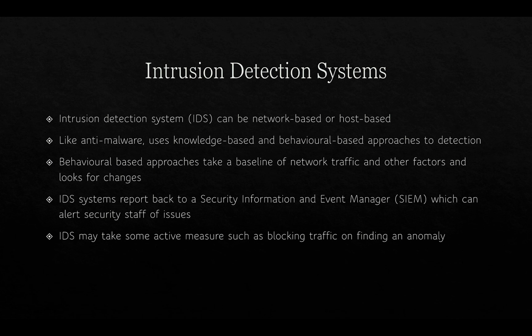So IDS systems report back to what's called a Security Information Event Manager, a SIEM, and that can alert security staff of any issues. IDSs may take some active measures such as blocking traffic on finding an anomaly, but that's usually the preserve of the thing that we're going to consider next, which is an intrusion protection system.